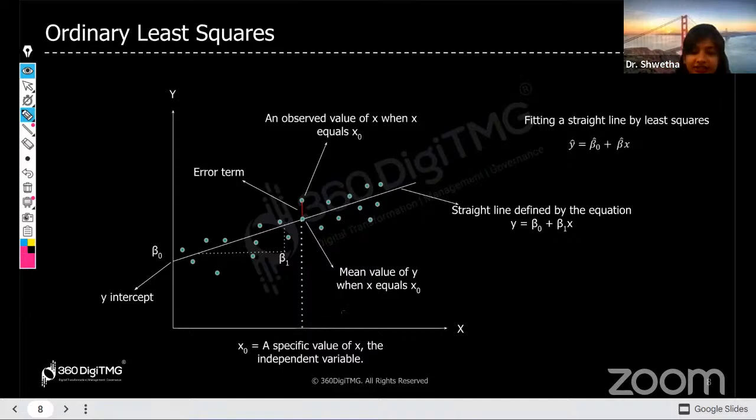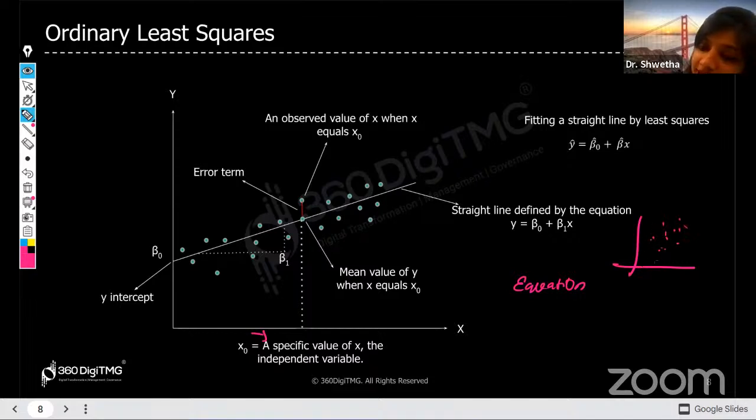After finding out that x and y are dependent, meaning once x is changing, y is also changing, it might be positive or it might be negative, we try to express this in terms of a straight line equation. The relationship between these two, you are trying to explain through the help of a straight line.